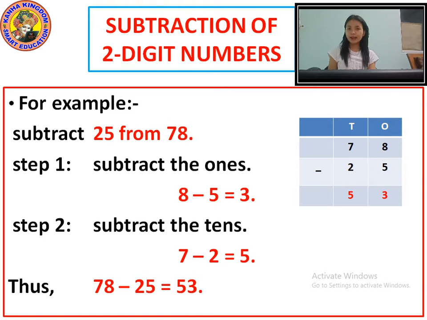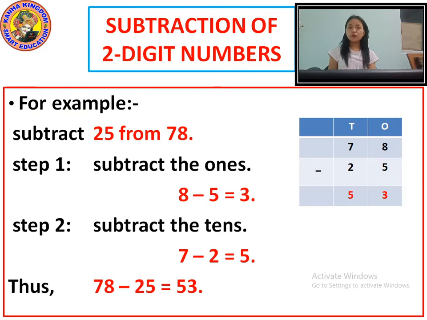First, make a place value chart. Two-digit numbers have ones and tens, so make only two columns in the place value chart, one for ones and the second one for tens.